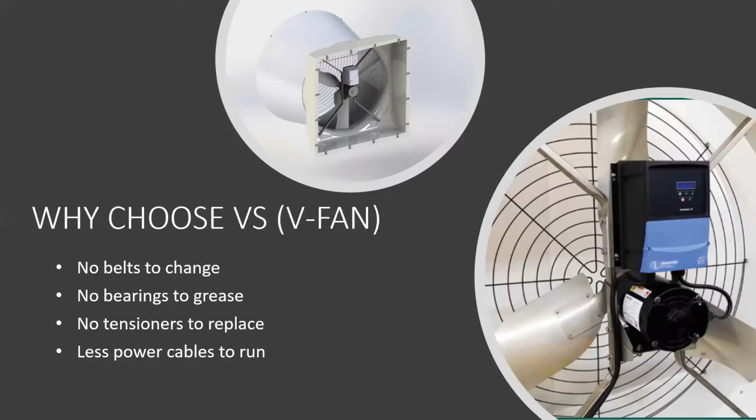You don't have to replace tensioners as they wear out, and you also don't have the variance degrees like you do on your on-off style fans. And in some cases, you may even be able to save on electricity, because you can run fewer power cables back to, say, your controllers in your half house or control room, running fewer power cables from there back to where the fans are in the back of the house. That would be on a case-by-case basis, but that could potentially be some savings.